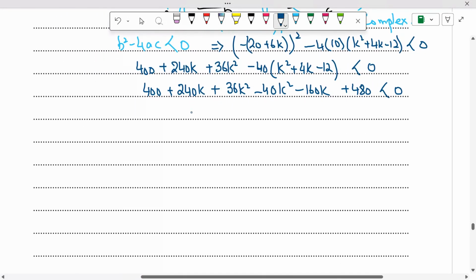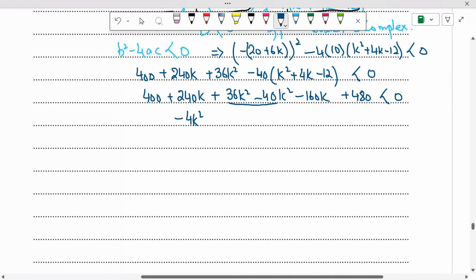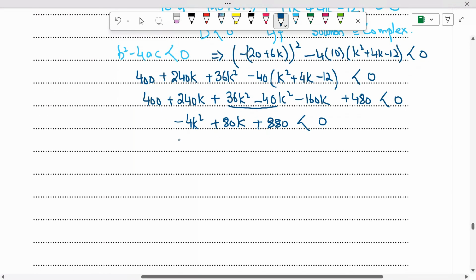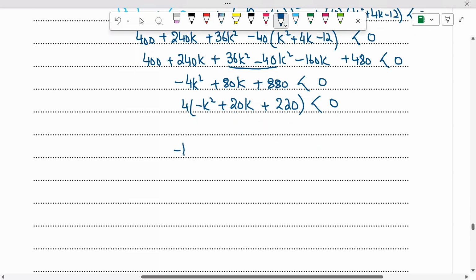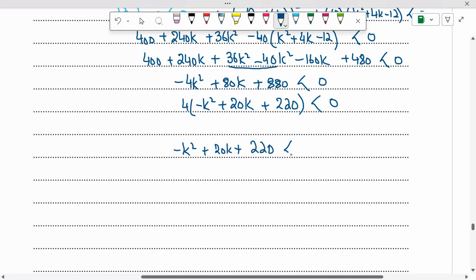Further solving, we will have negative 4k squared, 240k minus 160k is plus 80k, and 400 plus 480 is 880, less than 0. Taking 4 common, we will have negative k squared plus 20k plus 220 less than 0.